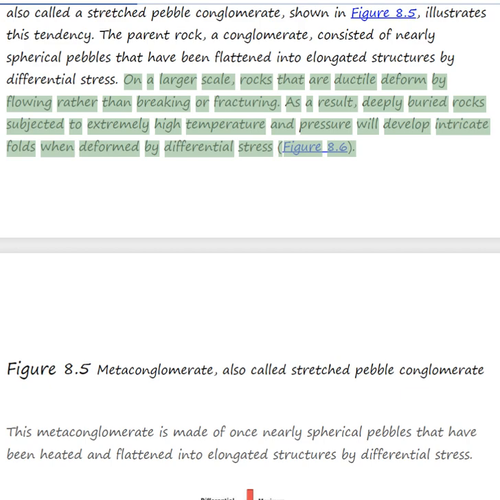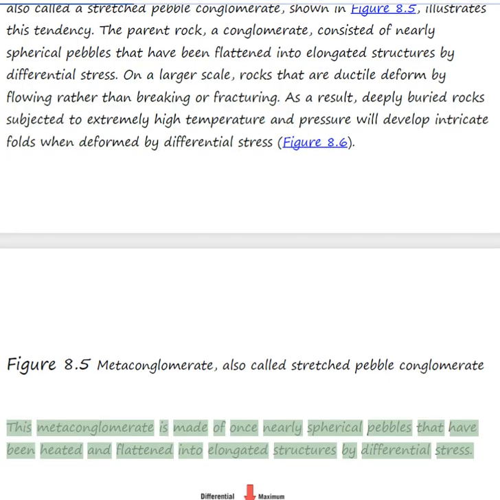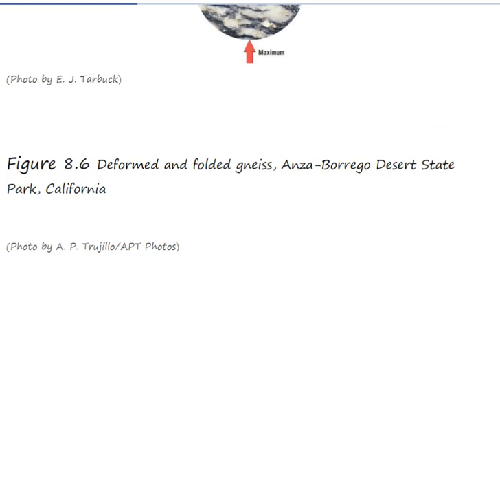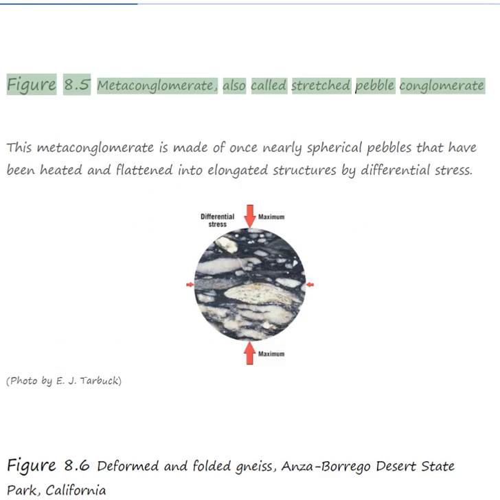As a result, deeply buried rocks subjected to extremely high temperature and pressure will develop intricate folds when deformed by differential stress. This metaconglomerate is made of once nearly spherical pebbles that have been heated and flattened into elongated structures by differential stress. Figure 8.5: Metaconglomerate, also called stretched pebble conglomerate.